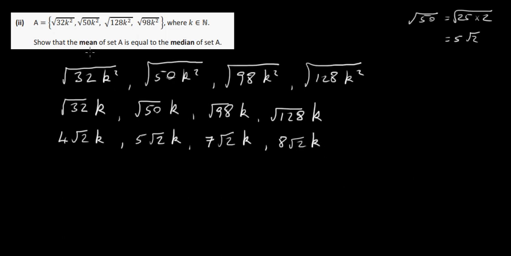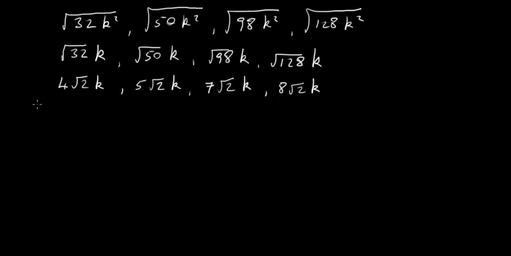So now I'm going to find the mean and the median, so it should be a lot easier to do that. Let's do the mean first. The mean here is what we get when we add all these up and divide by 4. So we've got 4 root 2k, 5 root 2k, 7 root 2k, and 8 root 2k. We just got to add these up.